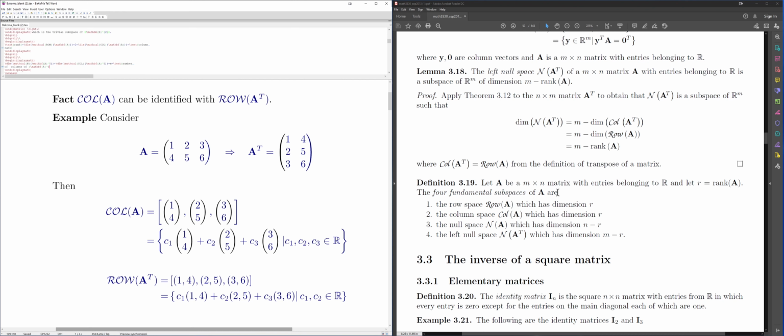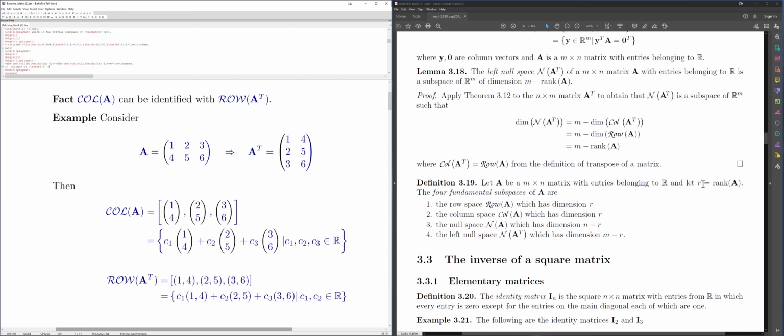Right, so this summarizes what we've done in this section. If I have an m by n matrix, I have what's called the four fundamental subspaces of my matrix A. One is row space, one is column space, one is null space, and one is left null space. Next, I'm denoting the rank of A by small r, and this is a notation that we will see later on.